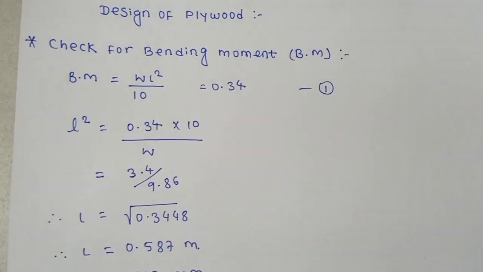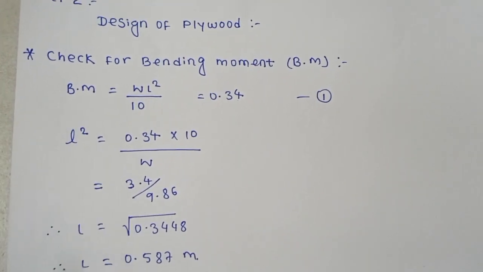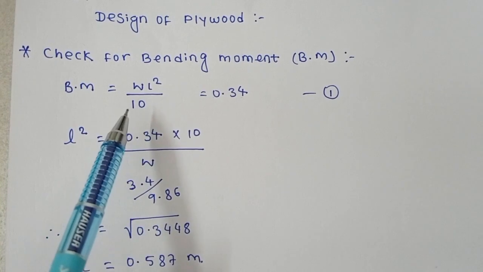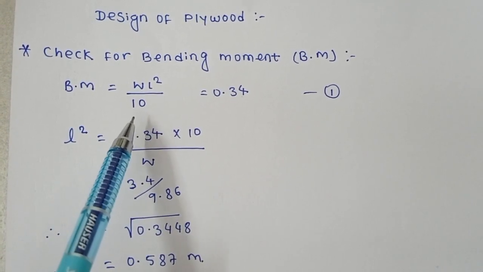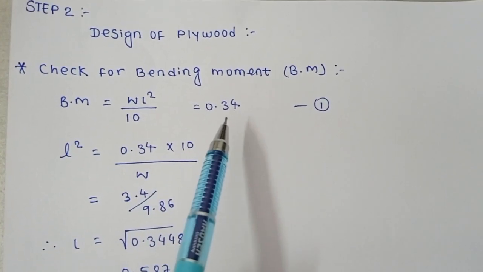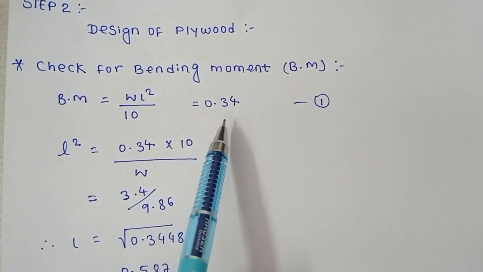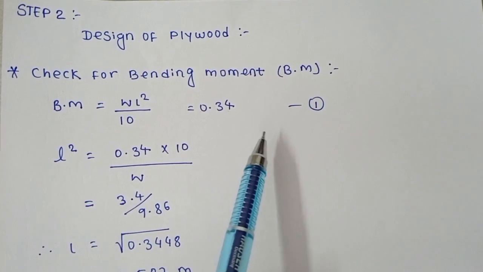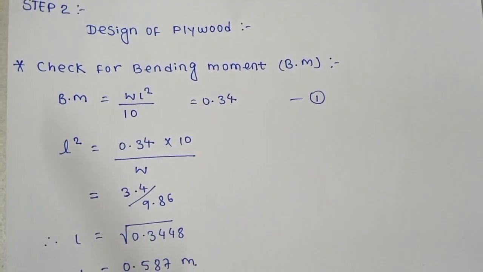Here is the formula: bending moment is equal to W into L squared divided by 10. W is the load. And they have already given 0.34 kilonewton meter in the question itself.